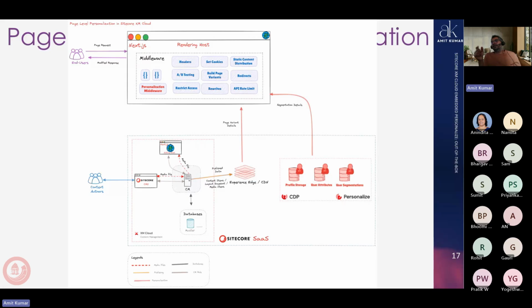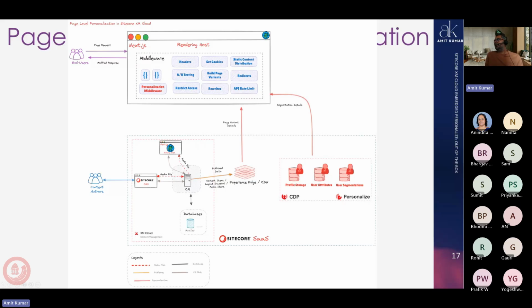Then it will be matched with whatever condition you have added to your variant. If that is matching, then that specific variant will be served to the end user. That will be happening in real time, so you will not know how fast it is happening. In the same way, when you are doing the SSG, right?